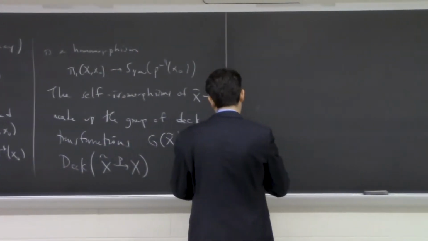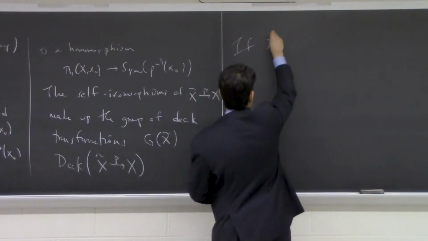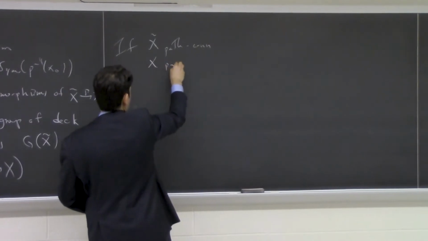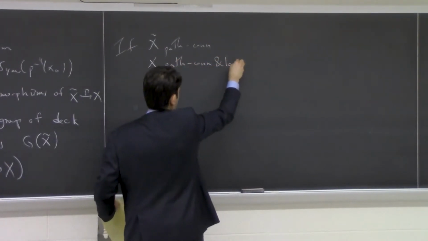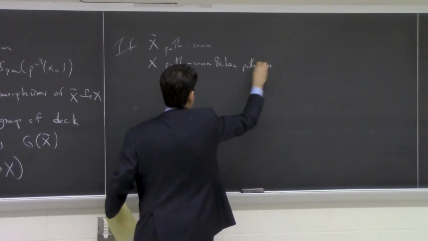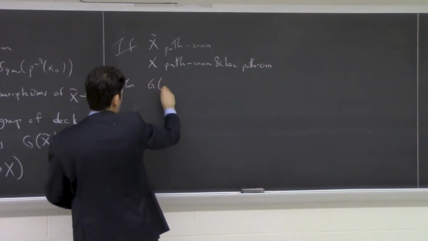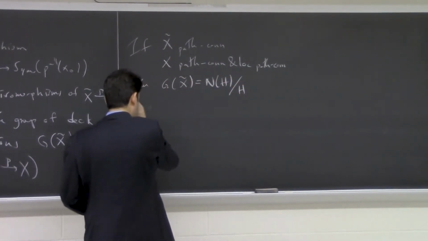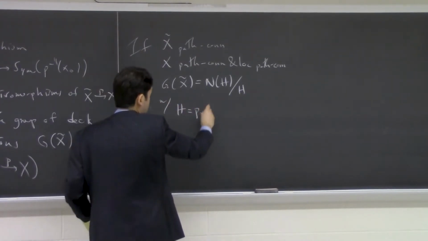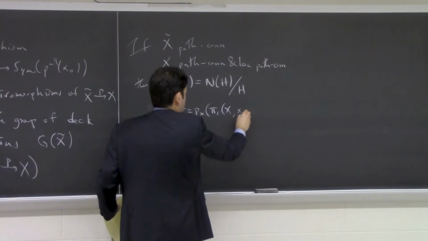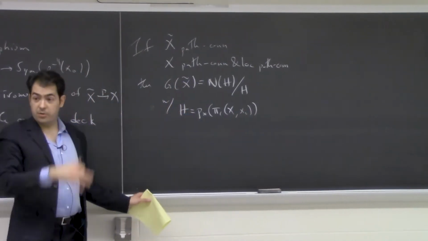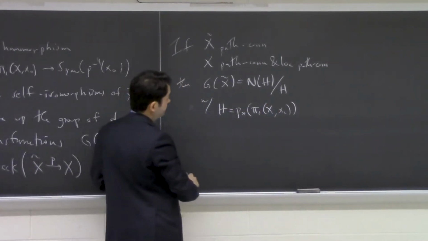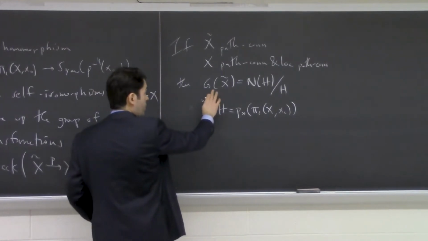And if x tilde is path connected, x is path connected and locally path connected, then we computed that this is equal to a quotient by the image subgroup, right? So you take the normalizer and mod out by the image, and that gives you the deck transformations.